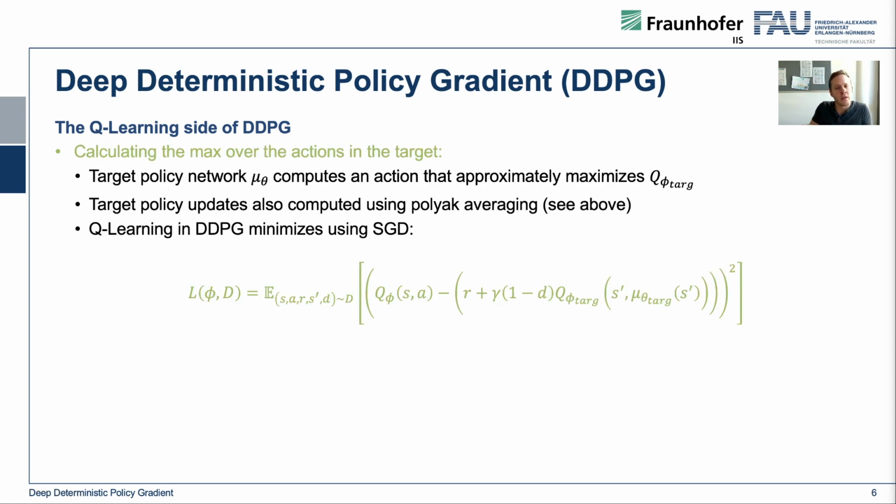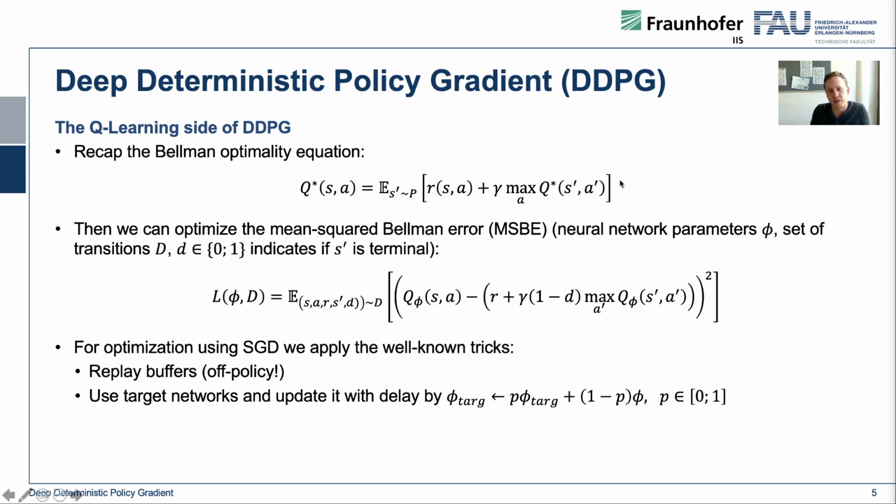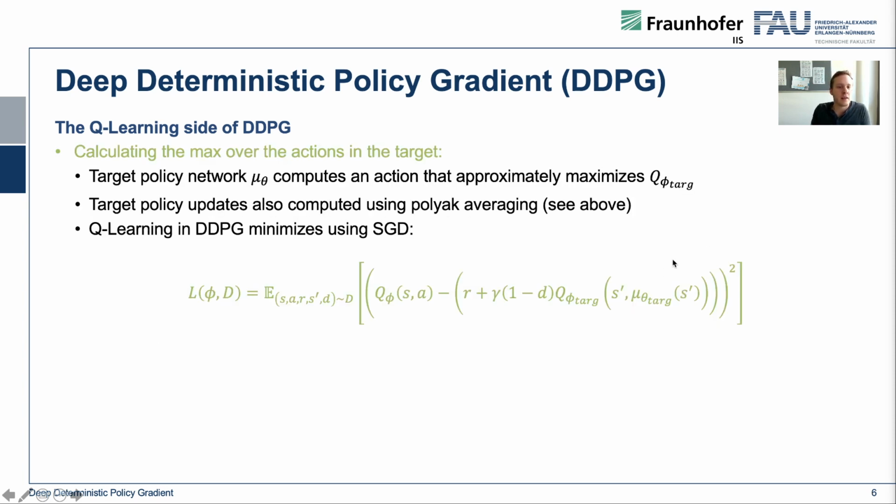Okay, so now the real question is, how can we calculate the max over the actions in the target function? This is the non-trivial part here, and it turns out we can do it like this. Let's say that we have a target policy network mu that computes an action that approximately maximizes the Q target.